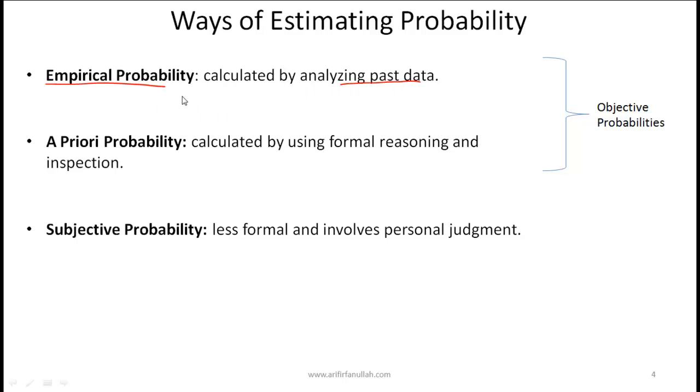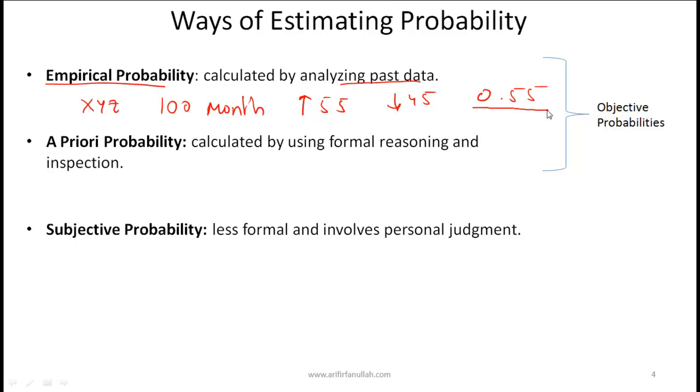A small example of this would be that if you are evaluating stock XYZ and you notice that over the last 100 months the stock has been up 55 times and down or the same 45 times, then you can say that empirically speaking, based on past data, the probability that the stock will go up next month is 0.55.